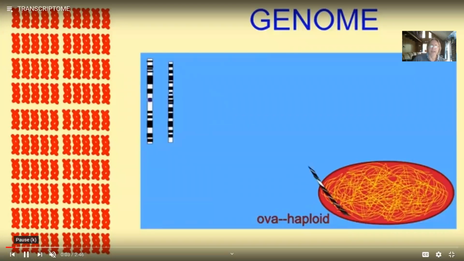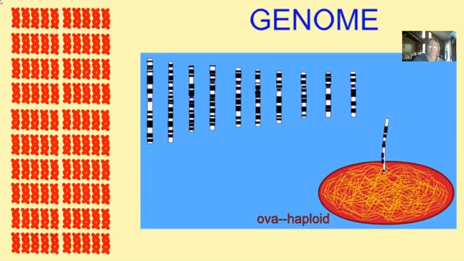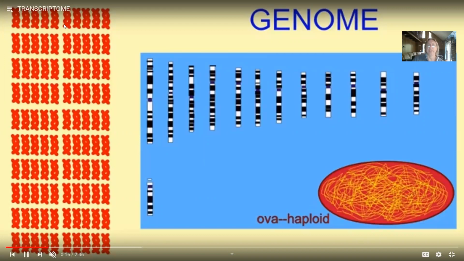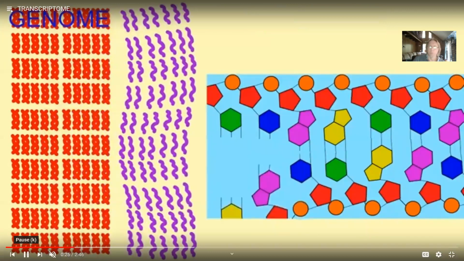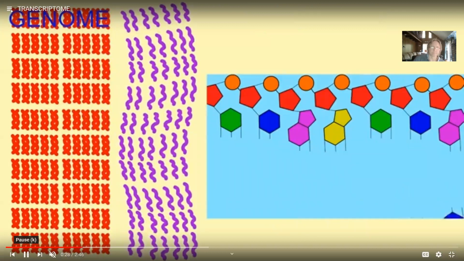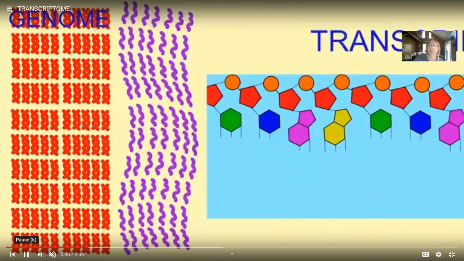When we think of our DNA, we have a lot of it. And if we think of each of these red pieces, there's 100 of them, as representing 1% of what's called your genome, so this is the DNA. If you were to ask what percentage of this is transcribed into RNA, well, not all of it, but most of it. So, I mean, this could vary, and it certainly varies from cell type to cell type. But let's say 70% of this is then the transcriptome.